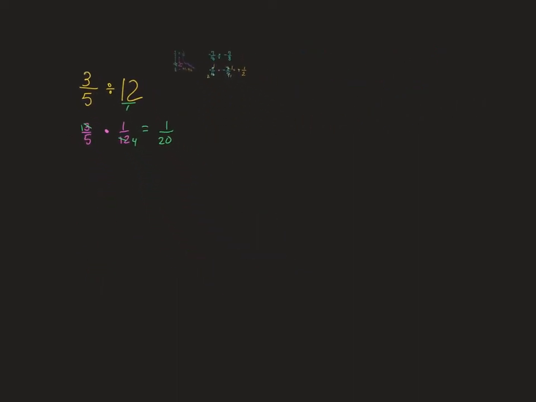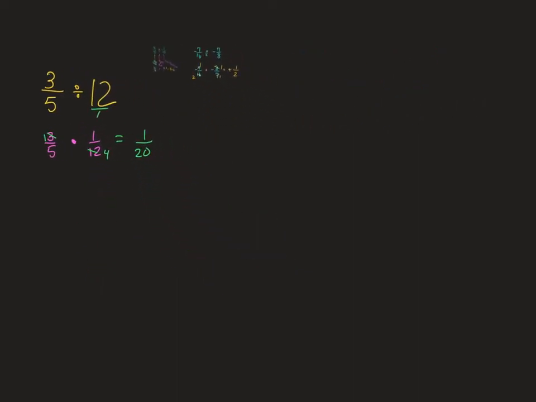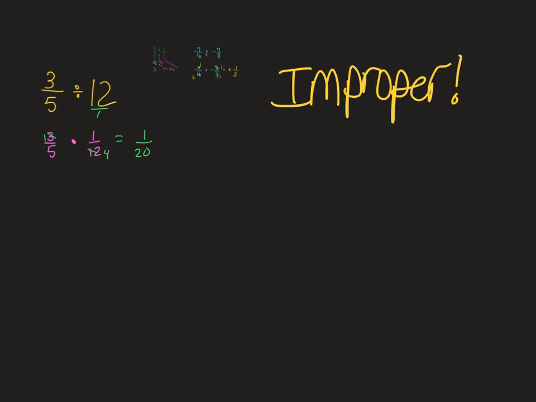But what about mixed numbers? Well, same 3 things. So I have keep, switch, flip, but I have to do improper first. If I don't make them improper first, it's no good. So let's try 4 2/3 divided by -3.5.